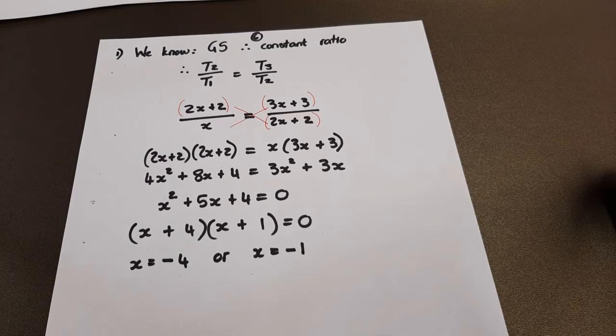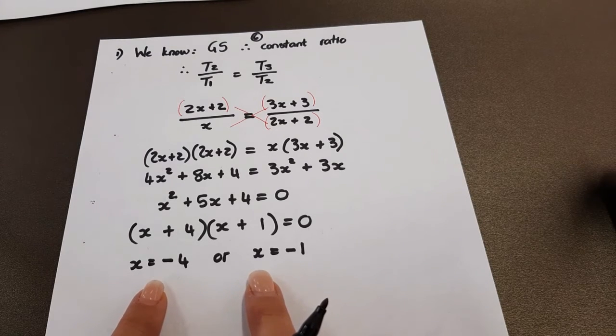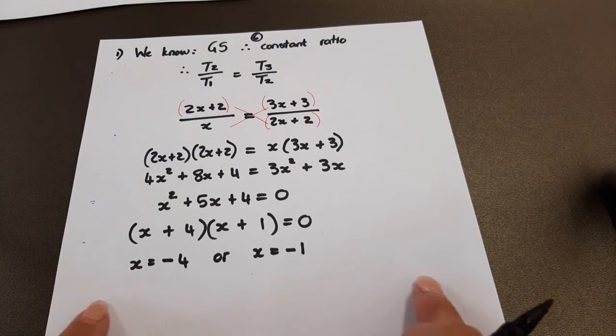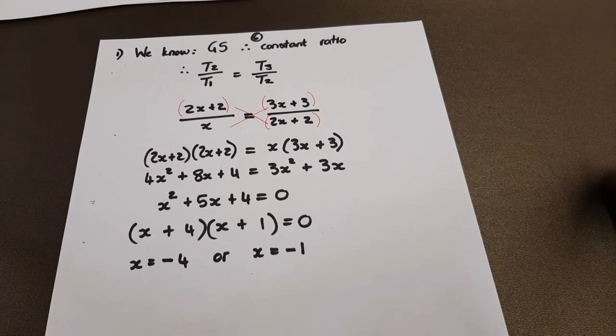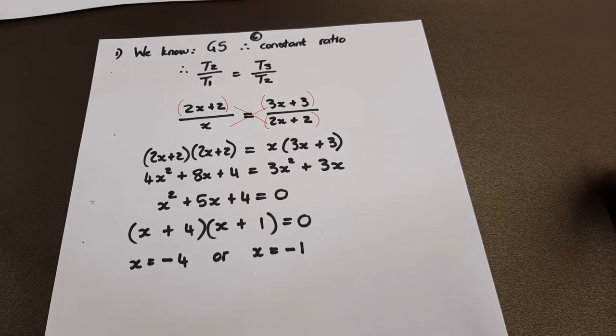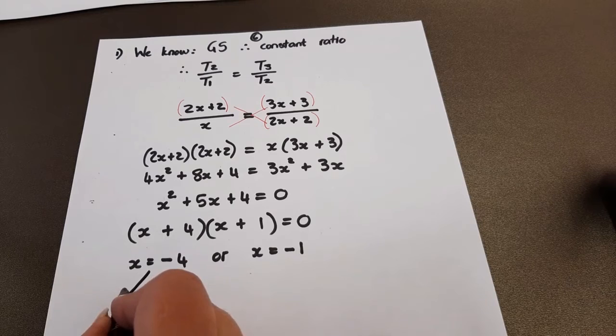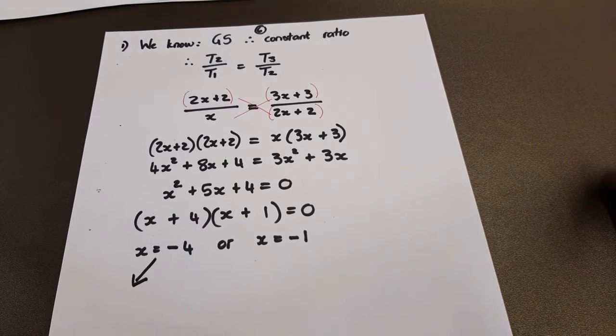Now since we have two x values, we will get two sequences. And we need to see which one of those two is a geometrical sequence. So let's take x equals minus 4 and we substitute it into our terms.